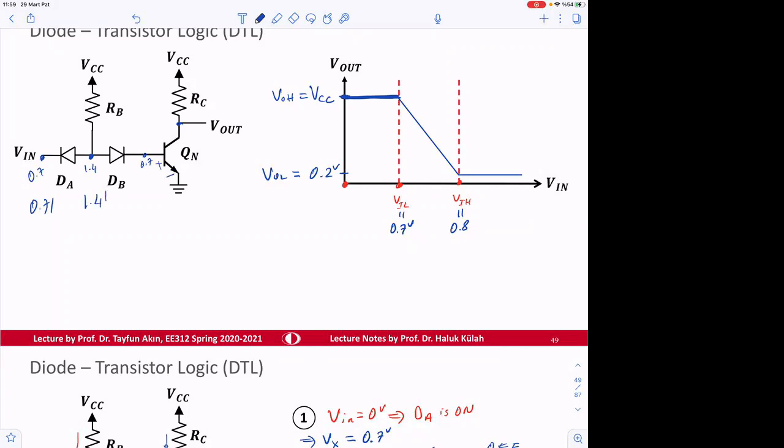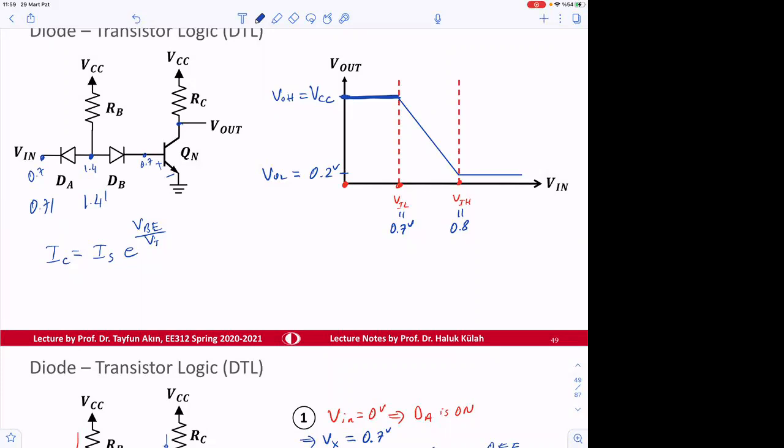As you know, base-emitter voltage determines IC, right? What is IC normally? IS times e to the power V base-emitter divided by VT. There's a minus 1, but we can ignore that.